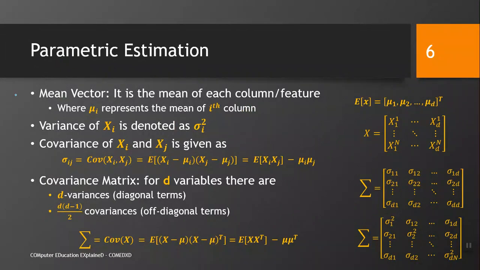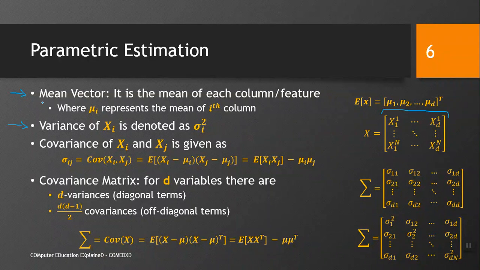Previously we have been estimating the mean and the variance, but now as we are working with data which has more than one feature, there would be more than one parameter for one type of parameter.